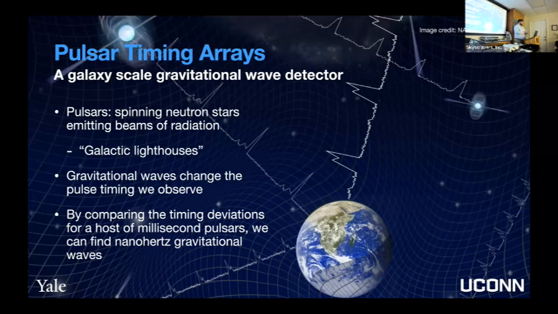One way we can do that is by looking at pulsars. So pulsars are spinning neutron stars that are emitting beams of radiation. They're basically like galactic lighthouses. So you can see a few pulsars here in the background, these little neutron stars with these beams of radiation coming out of them. And as the neutron stars spin around, the beam occasionally passes through the Earth.